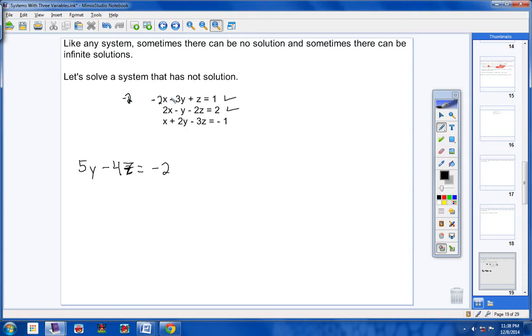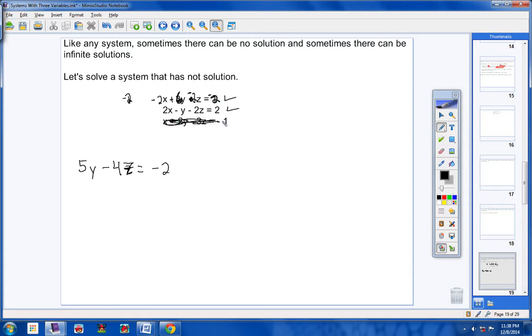Negative 2 times negative 3 is a positive 6. We'll make that a 6y, okay? Negative 2 times z here would be a negative 2z. And negative 2 times 1 would be a negative 2. So I'm going to take the top equation and the middle equation and combine them.